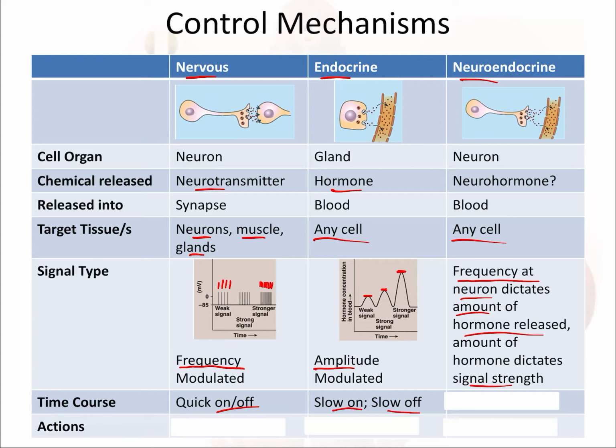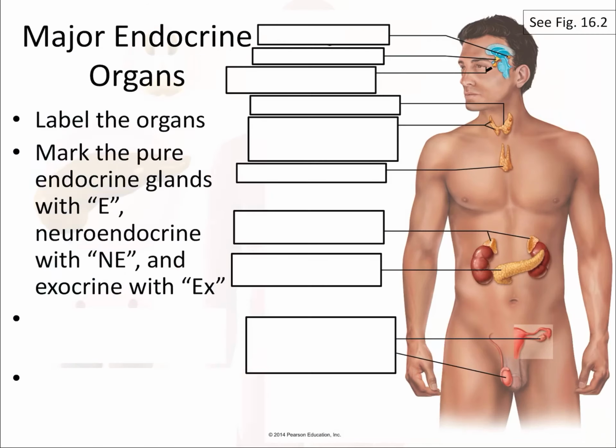It takes a while to get all those hormones released, but it also takes a while for those hormones to get broken down and stop acting. Same thing with the neuroendocrine. Actions are very direct and specific in the nervous system, whereas the endocrine and neuroendocrine systems affect the whole body. That's a good little overview.